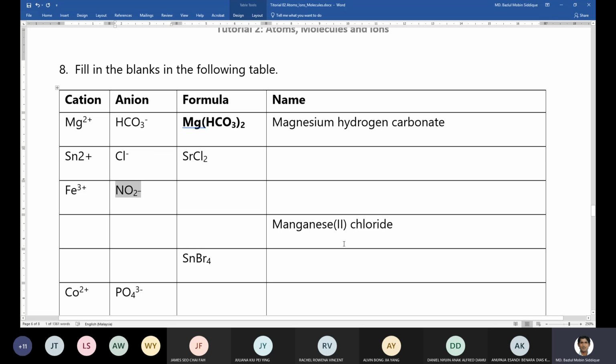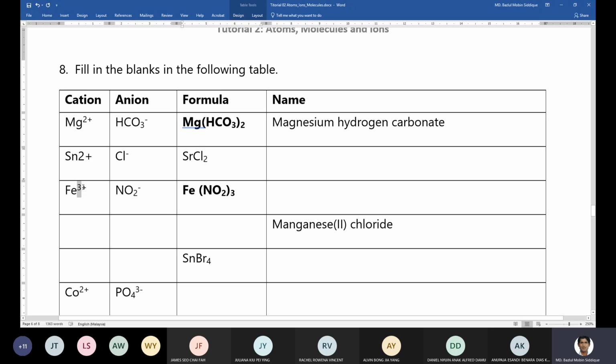Iron and NO2 here. So iron 3 and NO2 with 1 negative charge.